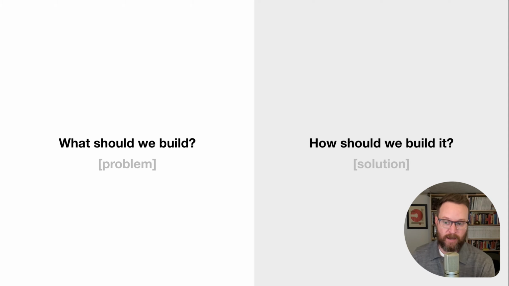Well, it just so happens that product teams have two main functions. According to Marty Kagan, they are figuring out what to build and how to build it. So this lines up nicely with the diagram we saw before. A problem, what should we build? What are we trying to solve? And then how do we solve it?